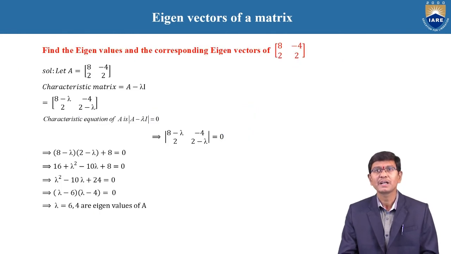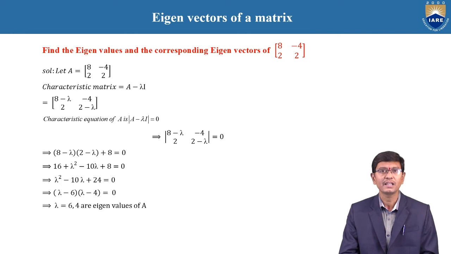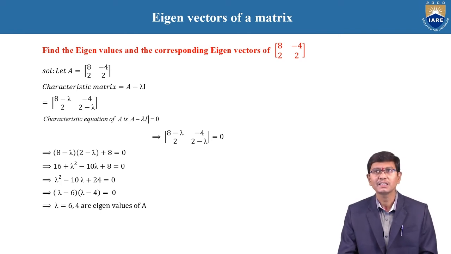For example, you may consider this matrix to find the eigenvalues and eigenvectors of the given matrix. That is, the matrix is 8, minus 4, 2, 2, with the help of the characteristic equation, that is determinant of A minus lambda I is equal to 0. Therefore, the characteristic equation is lambda square minus 10 lambda plus 24 is equal to 0.